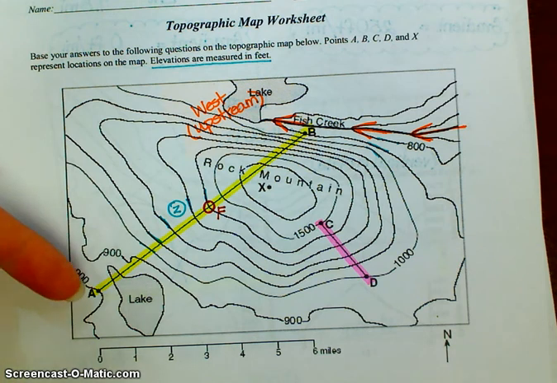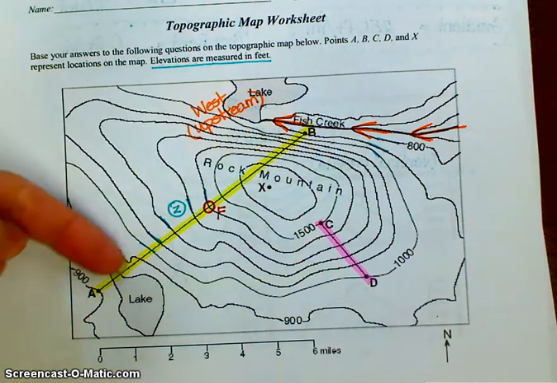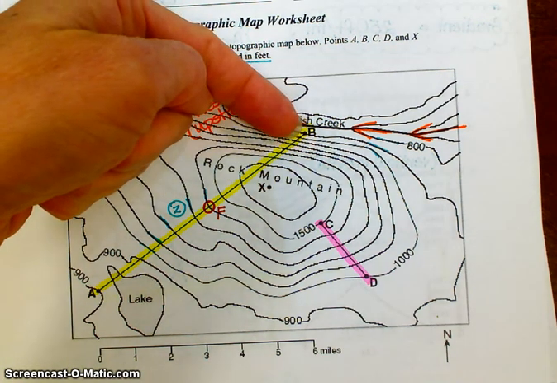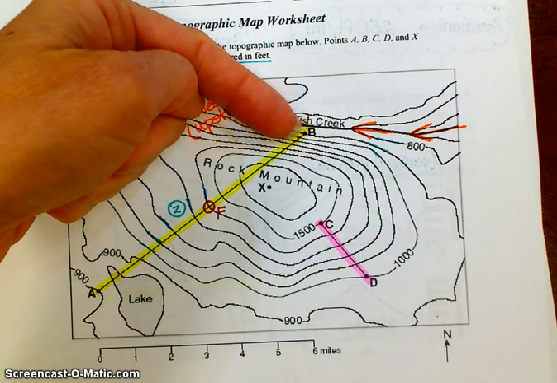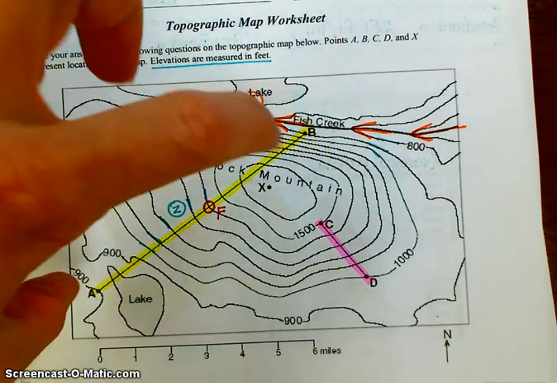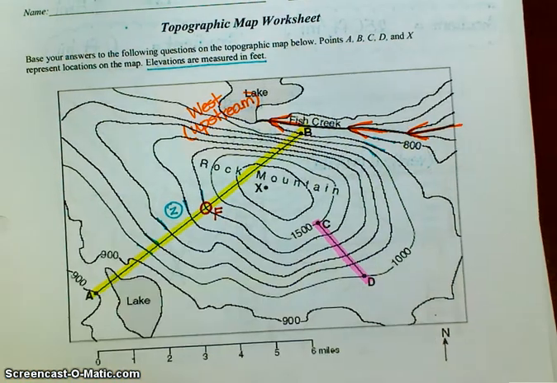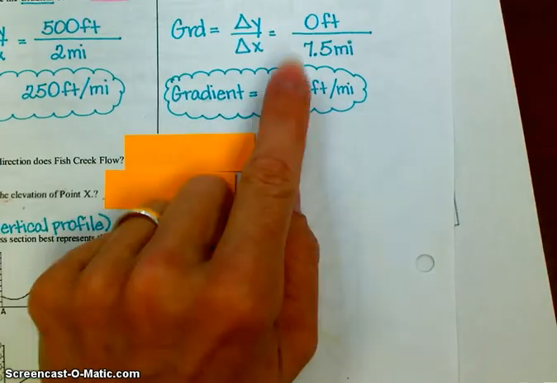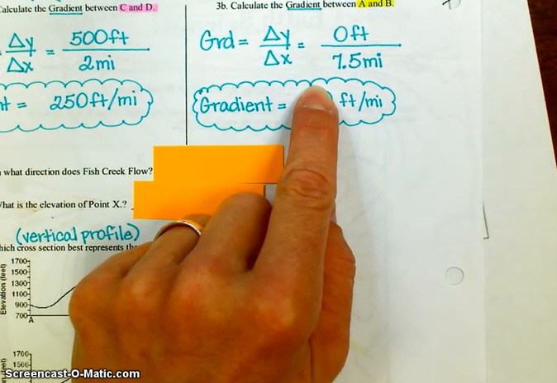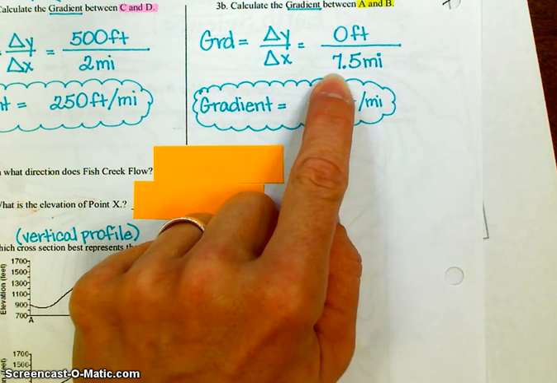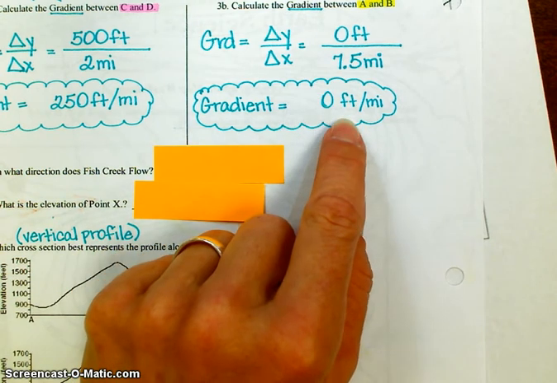So if I do the whole walk together, my gradient is going to be 0 feet divided by however long this is, which is about 7.5 miles. So my gradient is going to be 0 feet of elevation change divided by 7.5 miles, and I'm going to get 0 feet per mile.